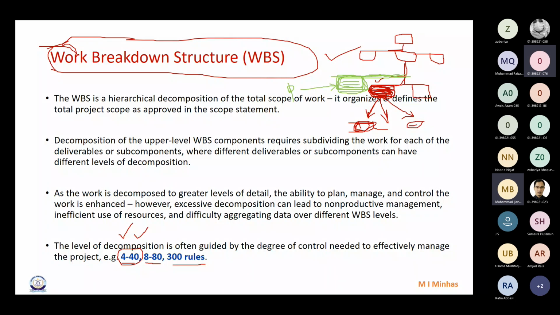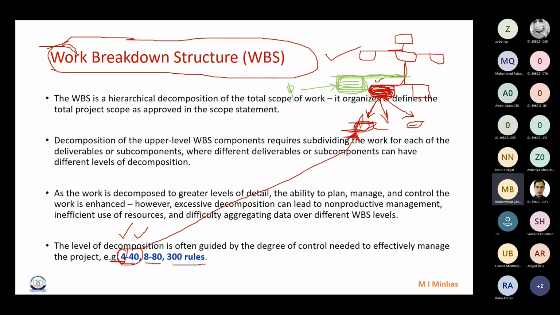Now, these rules that are written in front of you are general guidelines. For smaller projects, a work package should not be, like, the activities. One of you, sir, you were referring to activities. No, not activities. The work package should not be so small that you require less than 4 hours to complete it.